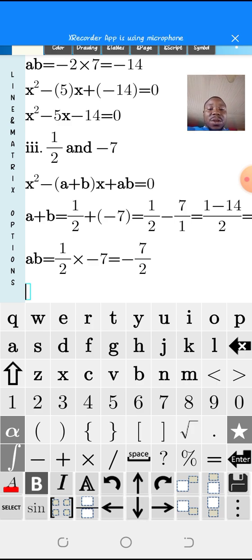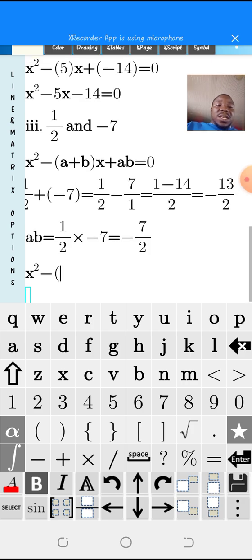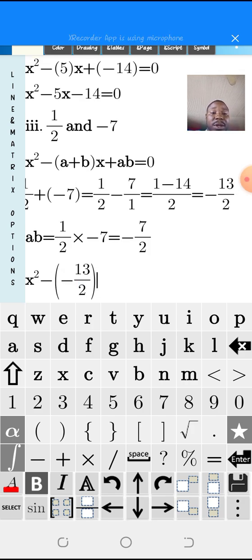So substituting into the formula, that gives us x squared minus (your a plus b in this case is minus 13 over 2), then put your x, and then plus your product, which is minus 7 over 2, equals 0.